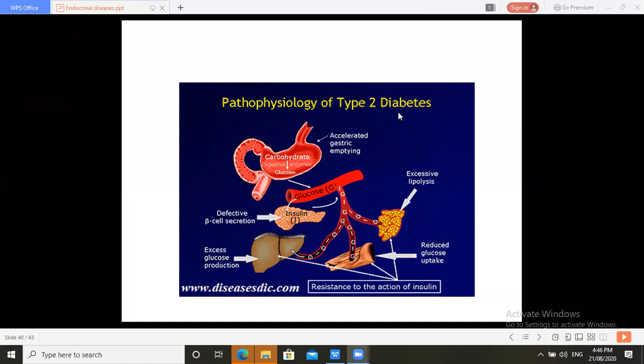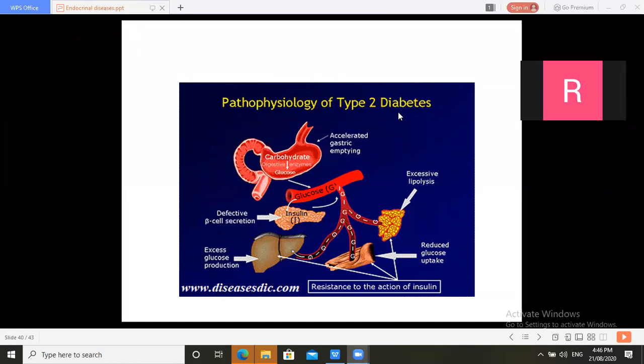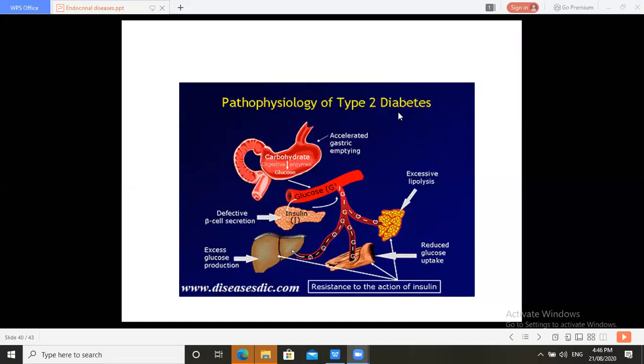Okay, now we will go towards morphology. That is, what happens in the pancreas due to type 2 diabetes mellitus? The first effect on the pancreas is reduction in the number and size of islets.